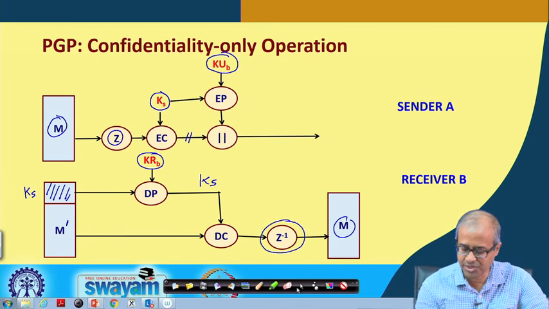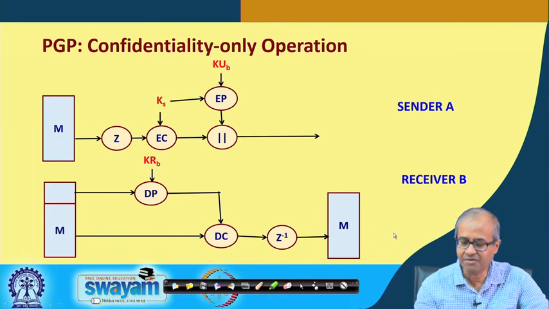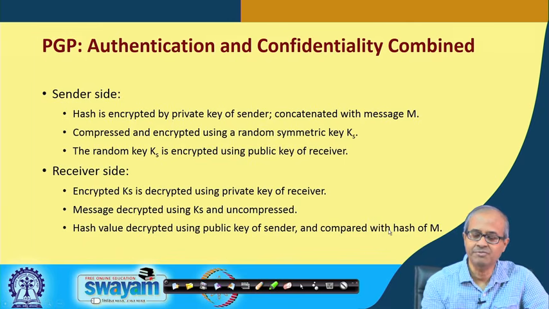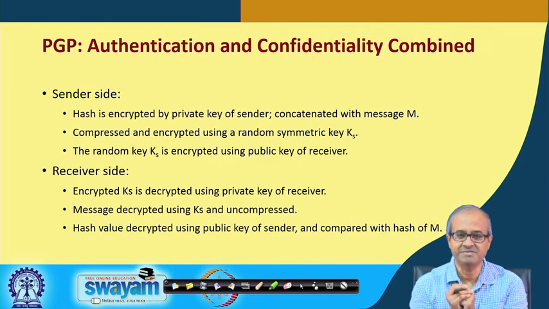I am not showing you the detailed diagram, just I am mentioning that you can have a combined service also, authentication and confidentiality combined. Whatever I showed, you can put them one by one in sequence.